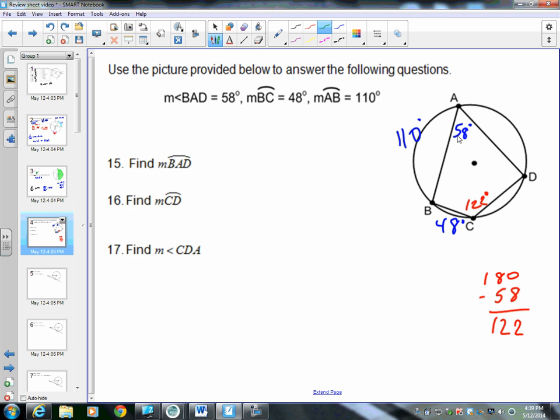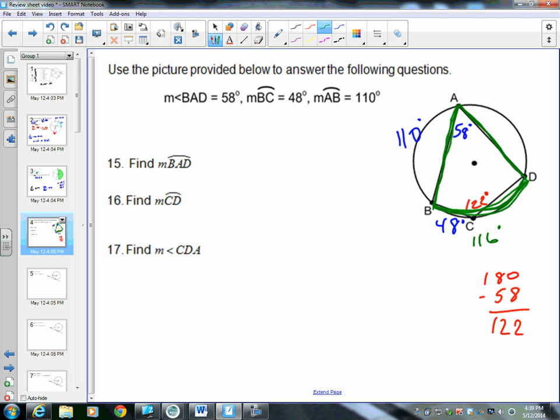Instead of it being half the arc, I'm going to multiply it by 2, so 58 times 2, which gives me 116 degrees, and that's what's going to be the intercepted arc. And if we look at this, A goes to B, and A goes to D for this angle right here, meaning the intercepted arc is this whole piece right here. And that's what's going to be 116 degrees.